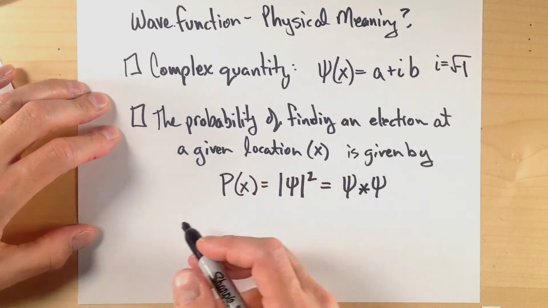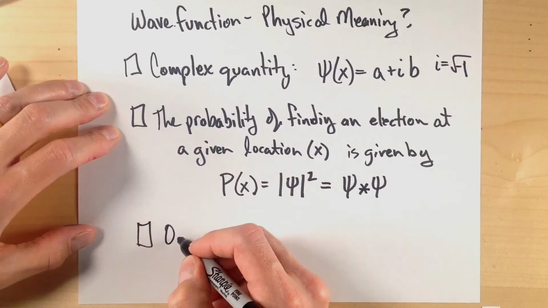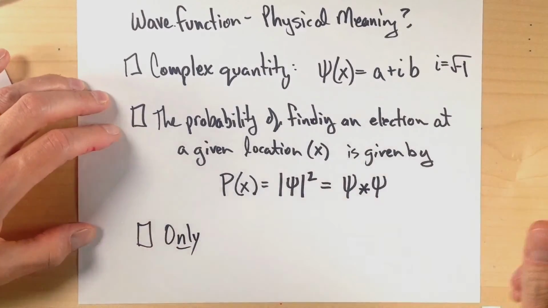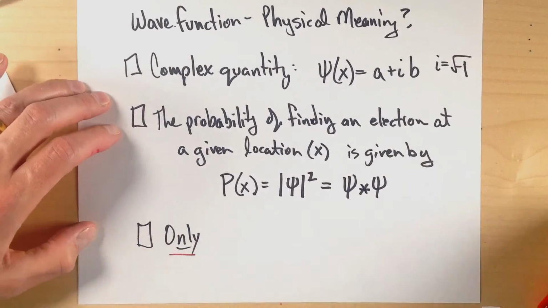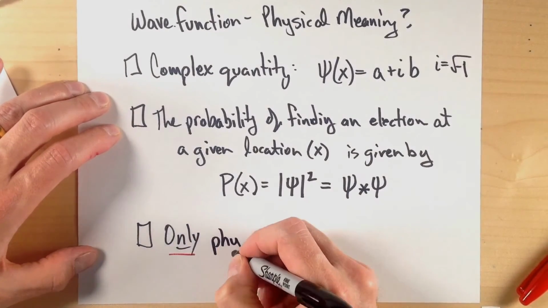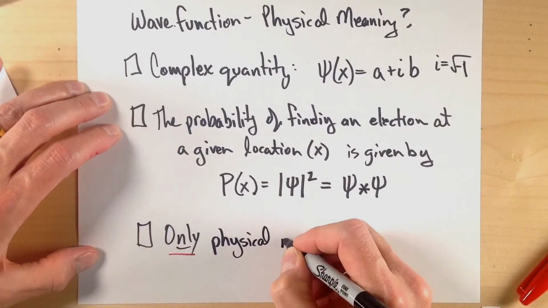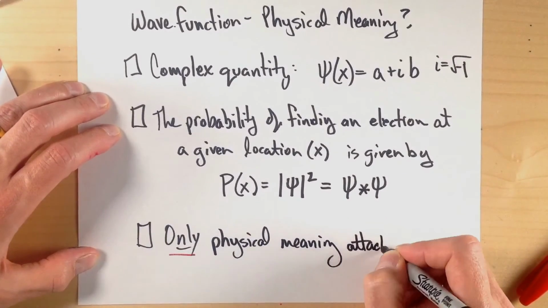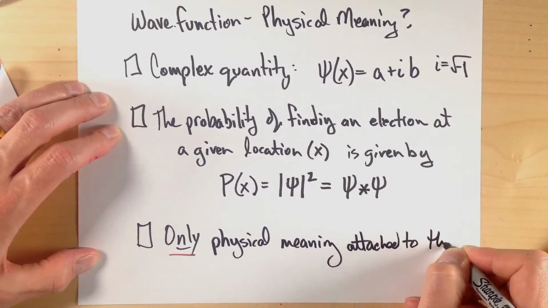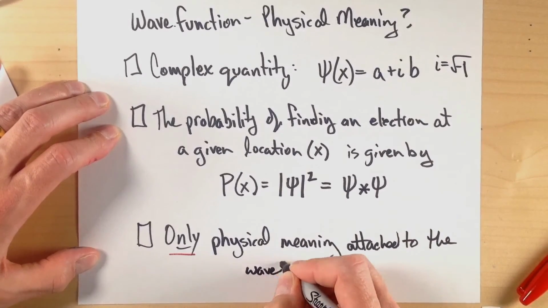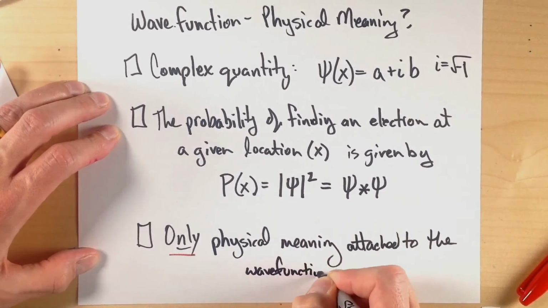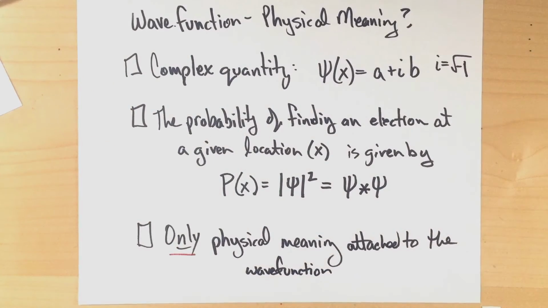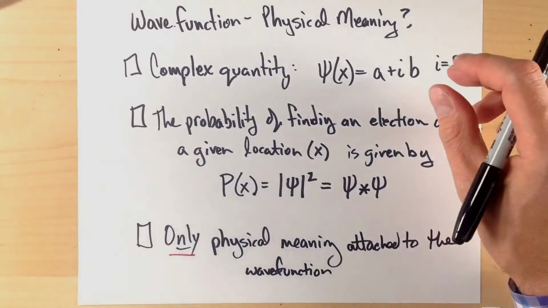And this is the only physical meaning attached to the wave function. We cannot measure the wave function itself, but we can measure its square.